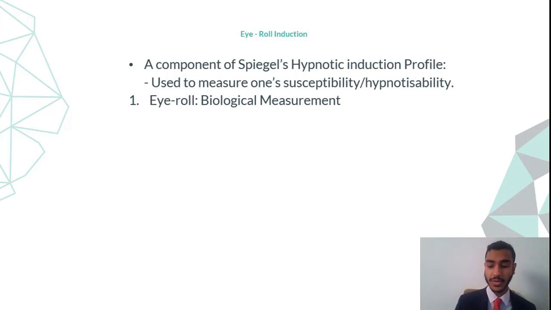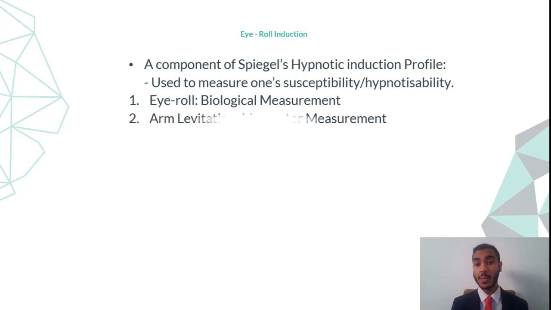And the second point is of course the arm levitation, which is a form of ideomotor measurement. And the arm levitation is of course something you've already done in the form of an induction during your lectures and in practice, and it involves the upward raising of the hand.